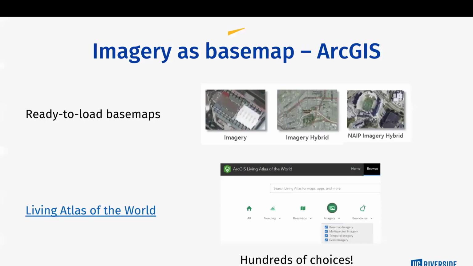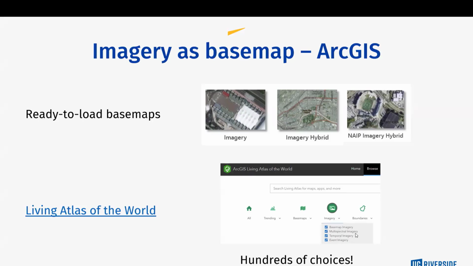So let's look a little bit more at imagery as a base map. In ArcGIS, they have three that are ready to load that are image-based. And they also have something, I think I mentioned this on an earlier slide, called Living Atlas of the World that you can link into from ArcGIS Pro or ArcGIS Online. Among the many, many data sets they have a whole suite of imagery, including alternative base maps that are imagery.